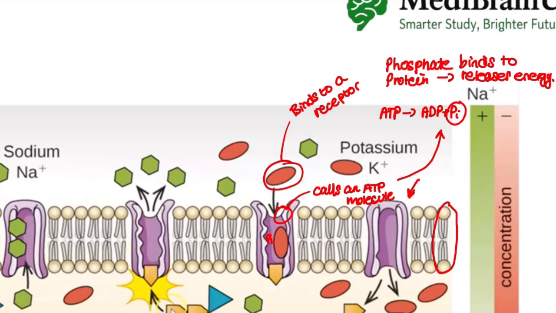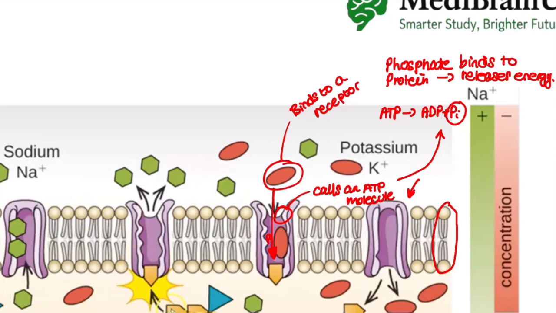Okay, so it releases the energy, causing the membrane protein to open up, causing a change in shape. And that change in shape forces this molecule to move across into the cell.